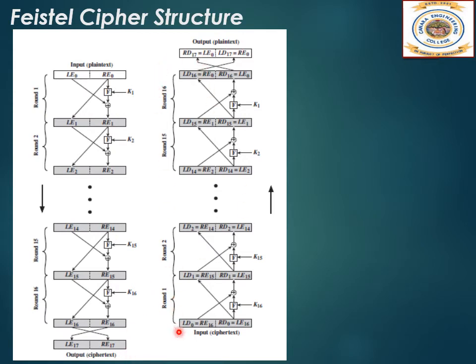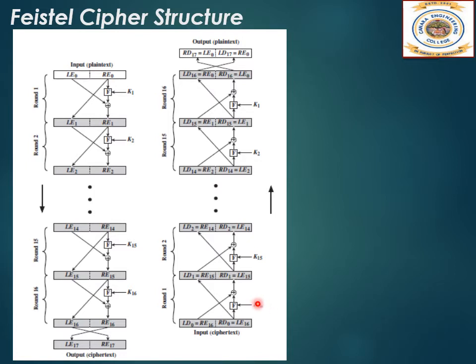On the right hand side, what you observe is the decryption process. We start with the ciphertext, which is again divided into exact halves. Then the round function is performed on the right half. The keys are taken in the reverse order, so here it is the 16th subkey, as there are 16 rounds.